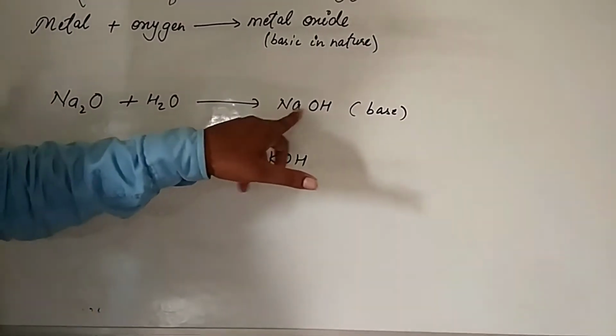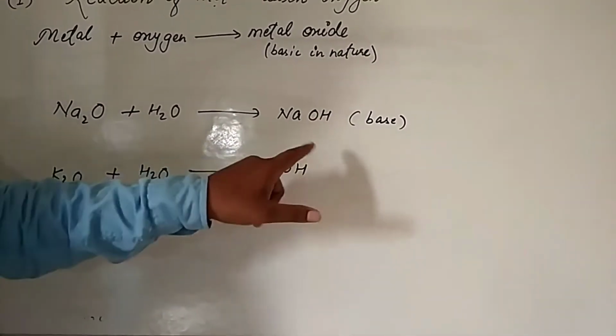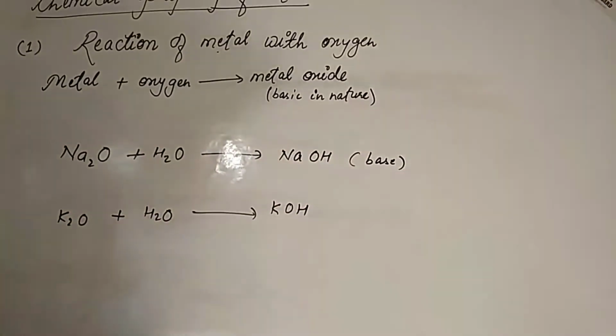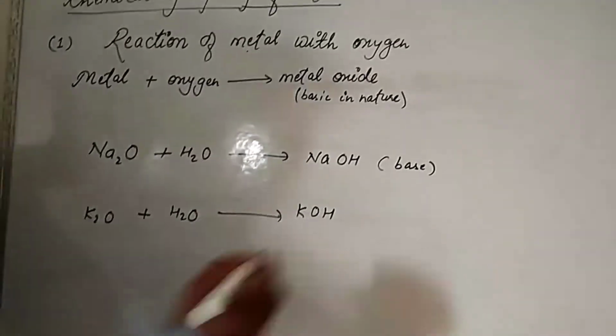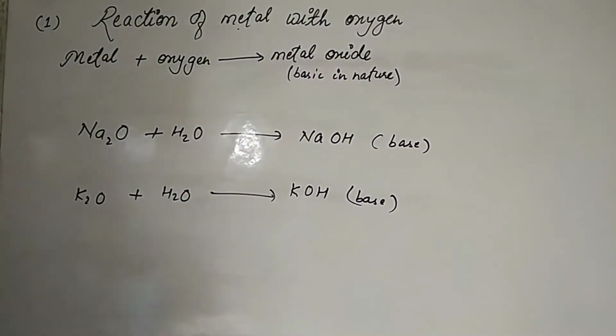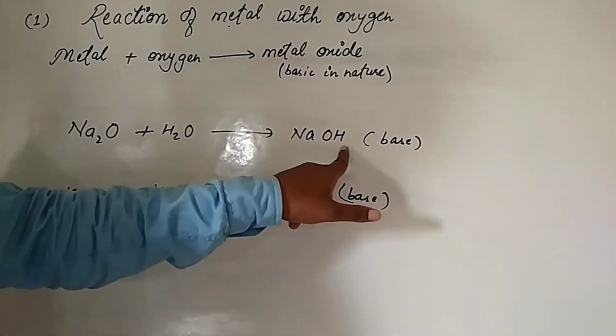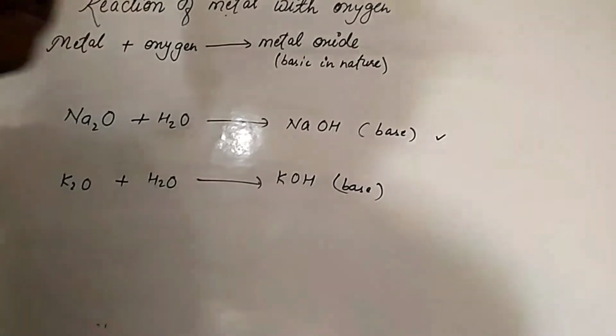So sodium hydroxide and potassium hydroxide contain hydroxide ion minus. That is why the nature of these compounds is basic. It means being basic, they change the color from red litmus to blue. Clear children?